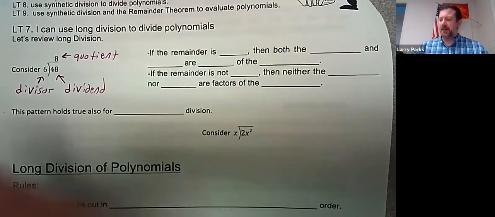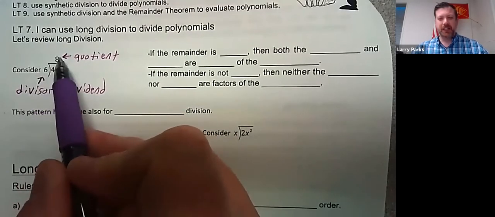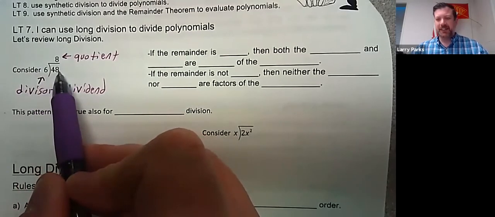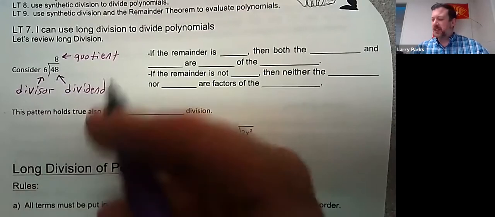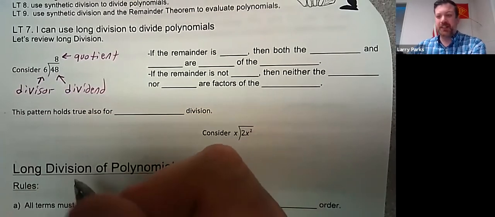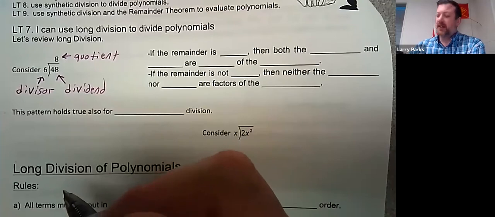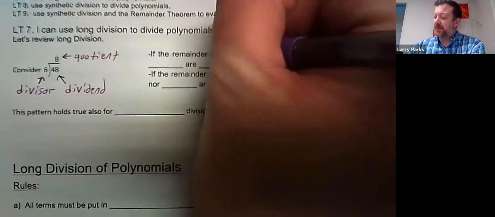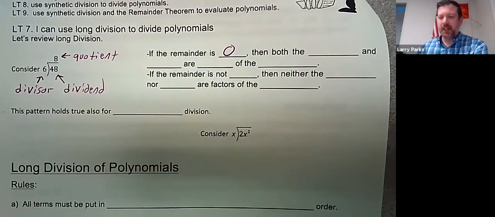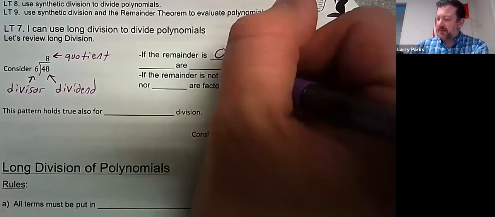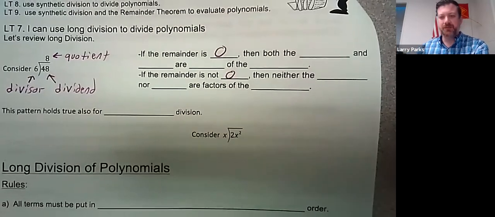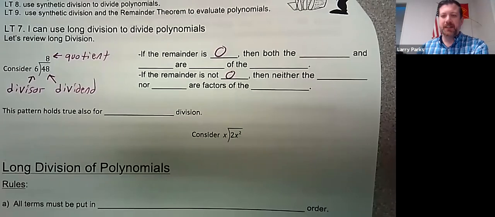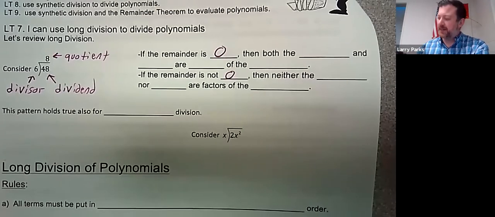Here's something that's interesting. Just like in this problem, 6 times 8 is 48. And so there is no remainder. So there's two options, either you have a remainder or you don't. So if the remainder is 0, something is true. And if the remainder is not 0, something is true. And what we're going to be talking about is the dividend.